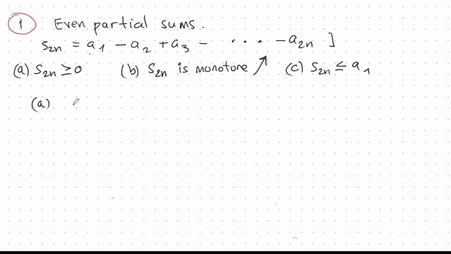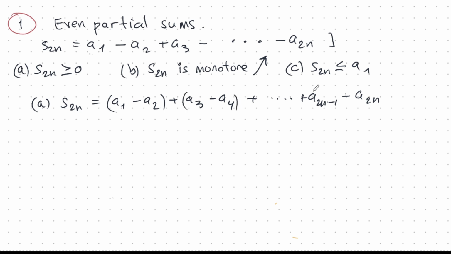Let's start with A. Let's write a_1 minus a_2 plus a_3 minus a_4 plus, and so on, plus a_(2n-1) minus a_(2n). Now we can group these things like this.